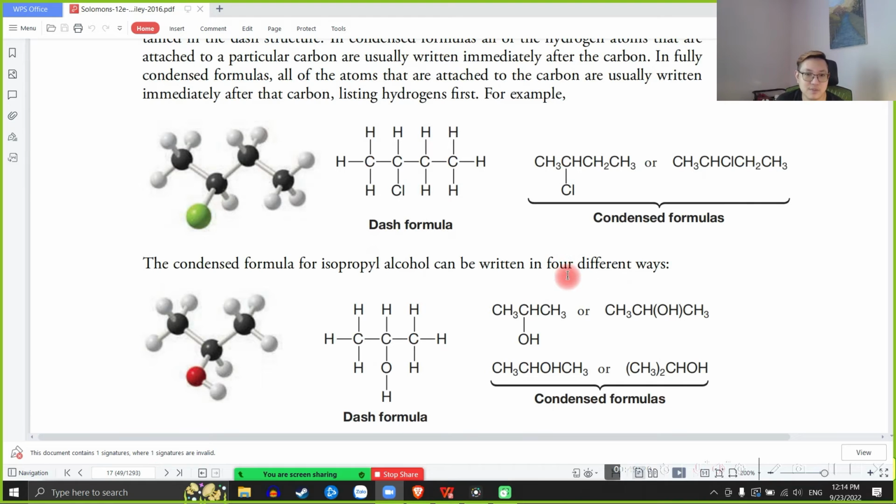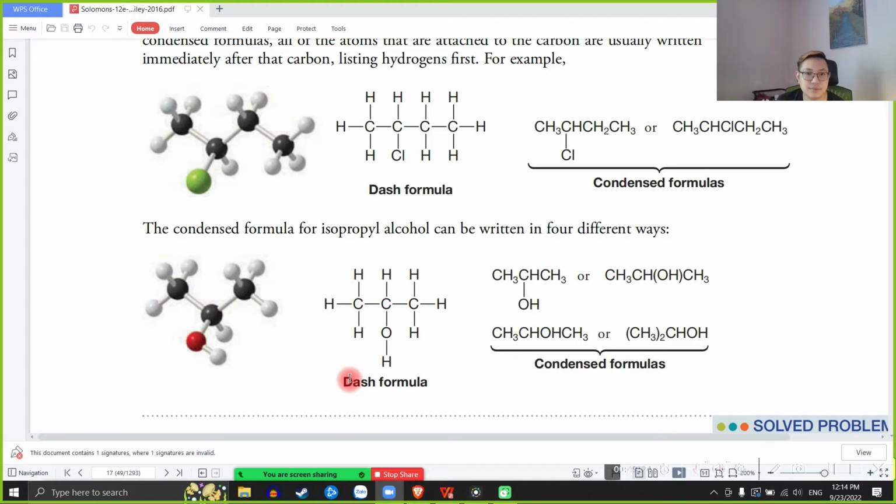The condensed formula for isopropyl alcohol can be written in 4 different ways. For this one, you can condense it like this, CH3, CH, CH3 here, and then OH. Or you can move the OH up there with a bracket. With a bracket, you know exactly that the OH is connected to the CH here.